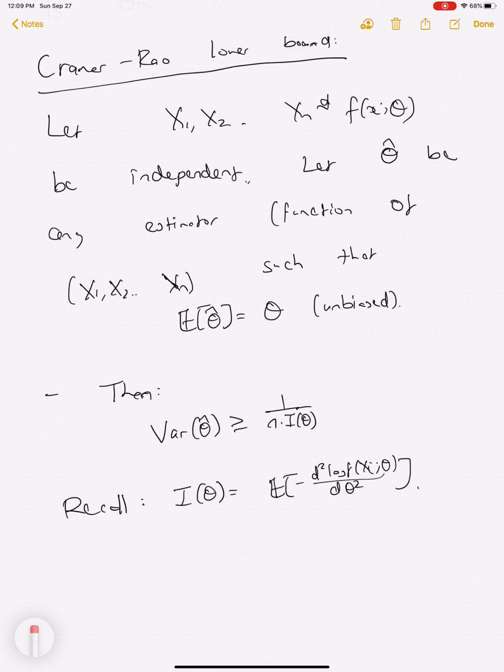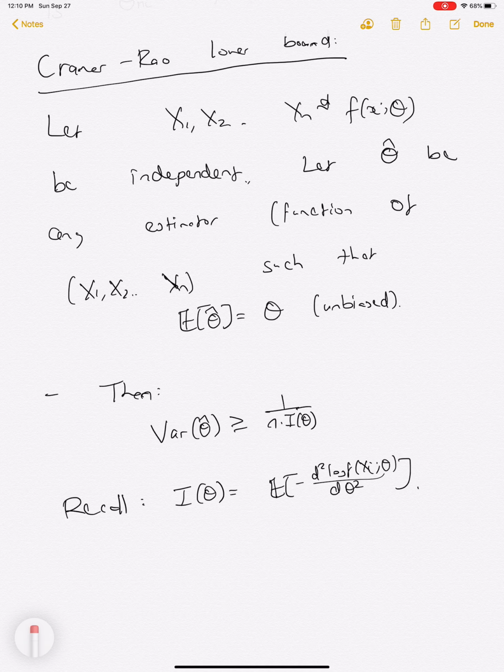Any estimate or statistic is just any function of the data. We have to make sure that it is in some way related to theta. So we do that through a pretty widely known property of unbiasedness, which has come up as a nice property of estimates to say that in expectation you get the truth. So this theta hat is not necessarily the maximum likelihood estimate. It is any estimate that you could come up with, but it's unbiased.